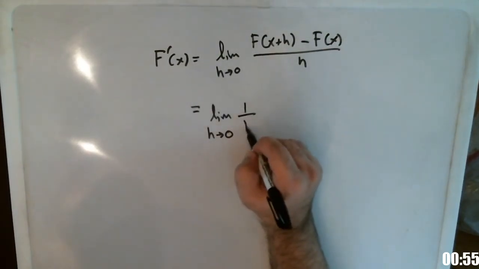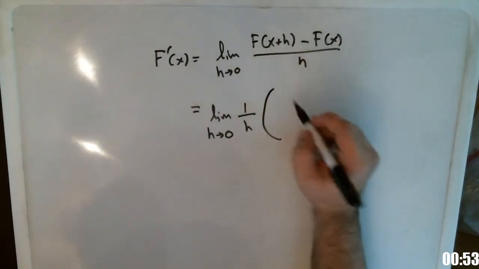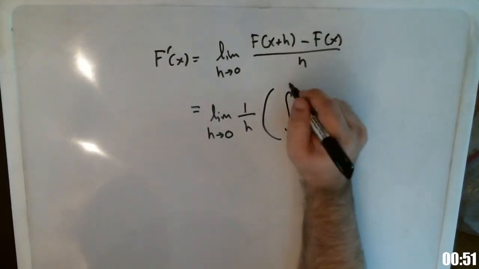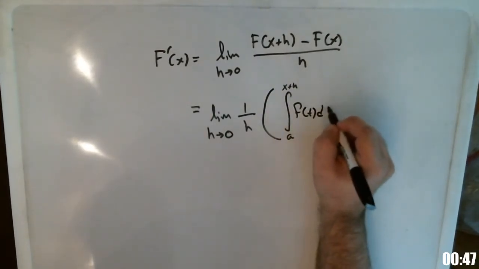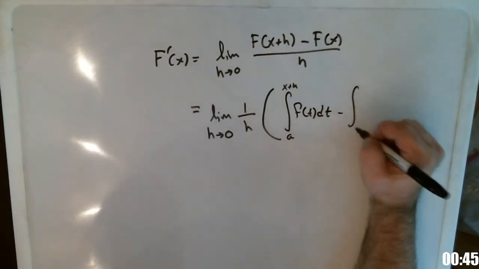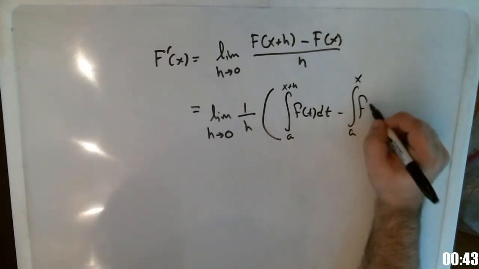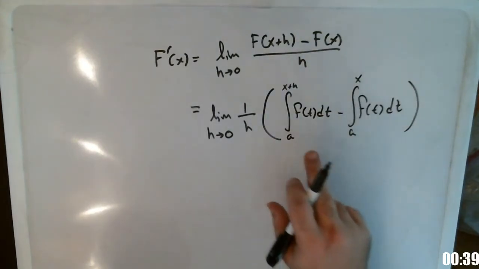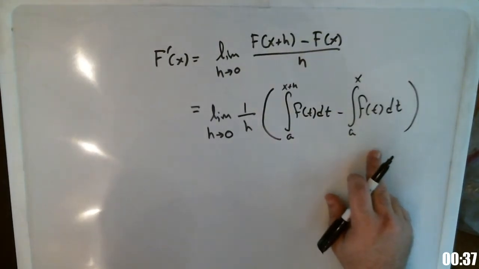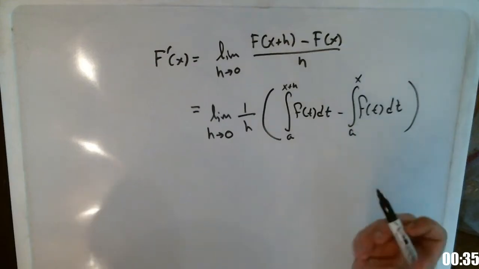I'm going to pull out the 1 over h. And now what is this? This is the integral from a to x plus h of f of t dt. And this is the integral from a to x of f of t dt. And remember, this is just by definition. This is what I said big F was.